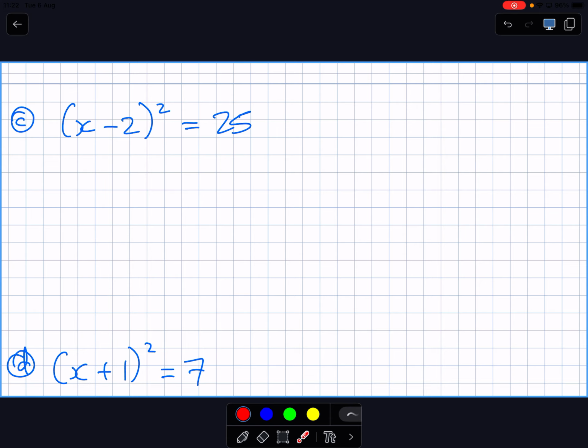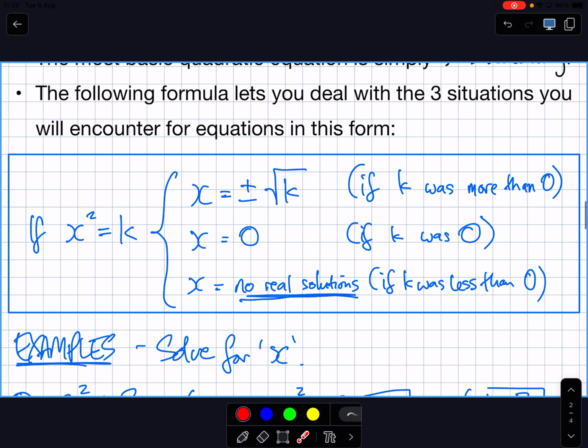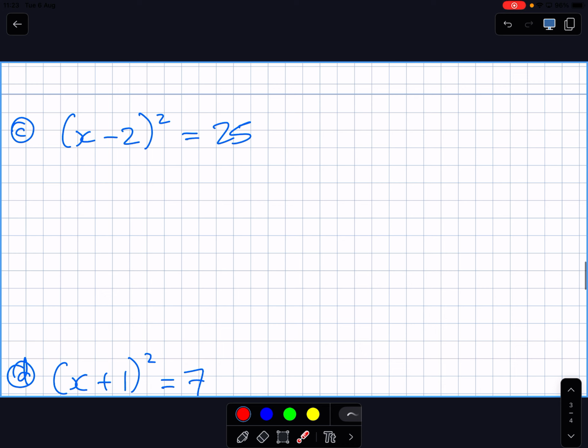So if you think back to your little flowchart, x squared is equal to something. Am I grouping the x take 2? So secretly, this looks the same. It's x squared equals something. It's just been grouped. So with your flowchart, x squared is equal to something.